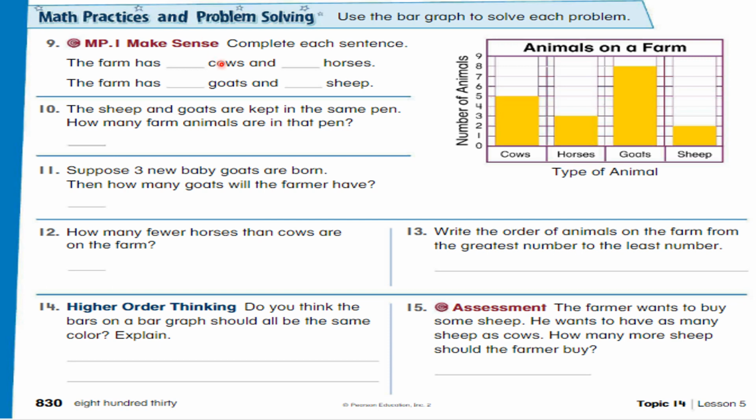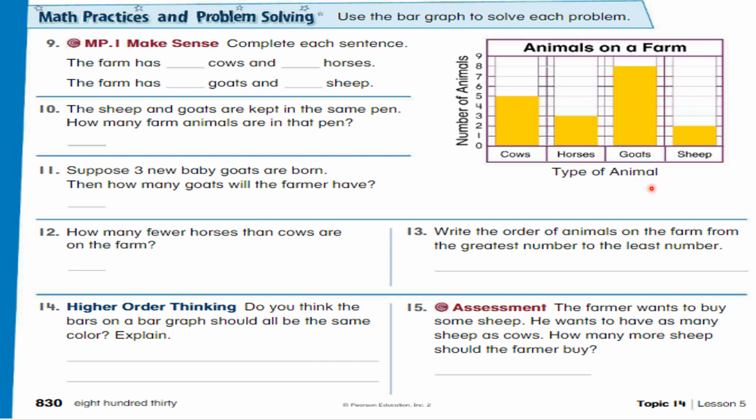Okay, on the next page, problem solving. Use a bar graph to solve each problem. Again, you have a bar graph. It's about animals on a farm. Here you have the number of animals. How many animals are given? Excellent. 0 to 9. And here you have the type of animals.